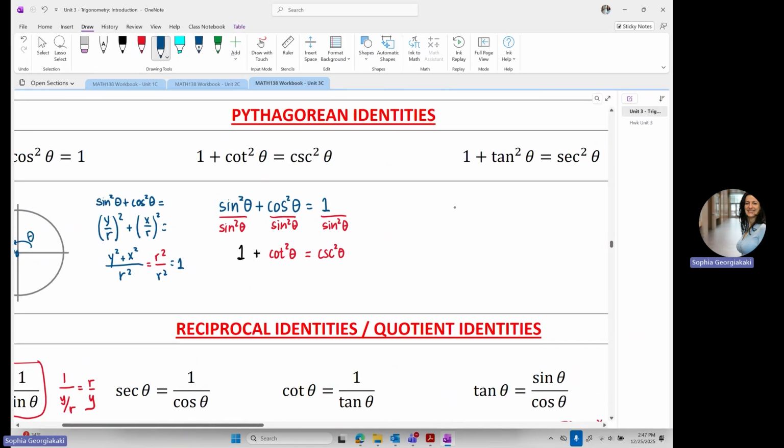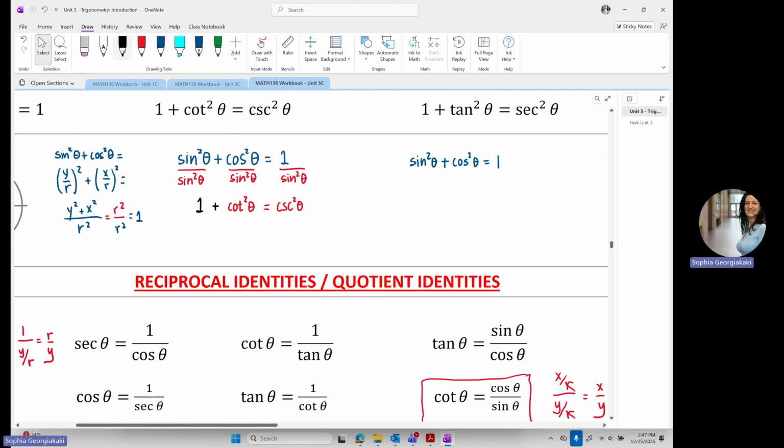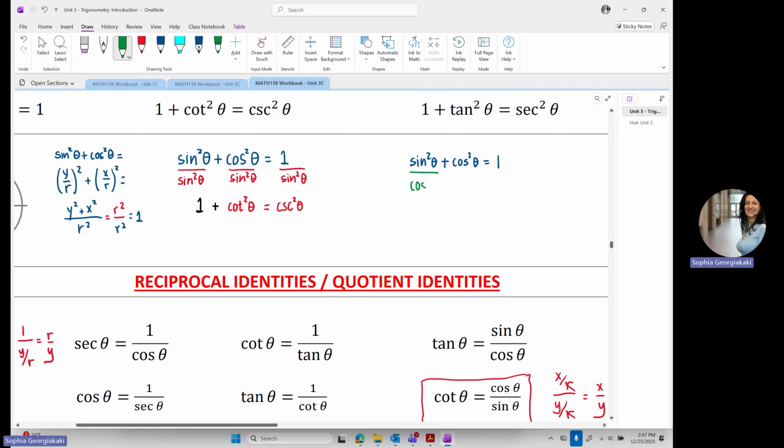I can also take the original Pythagorean identity, sine squared of theta plus cosine squared of theta equals 1. And instead of dividing by sine squared of theta, I can divide by cosine squared of theta. Both sides, all three terms, and I will get a 1 here.